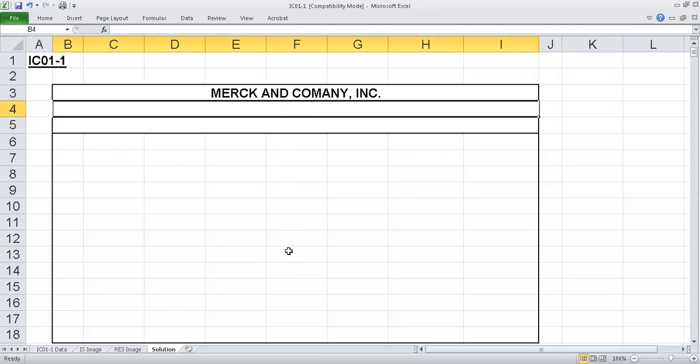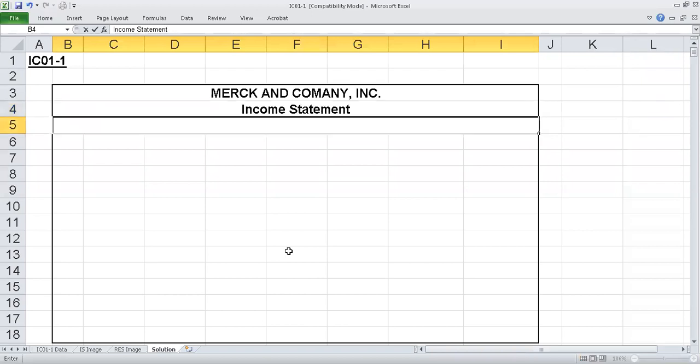The second line of our header is the name of the statement, income statement. And the third line is the time period covered by the statement. And there are 3 time periods in accounting: the month, the quarter, and the year.